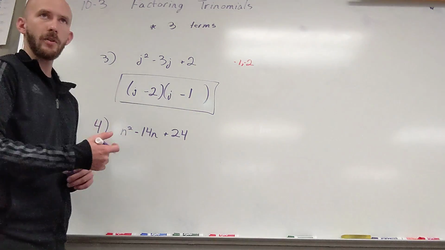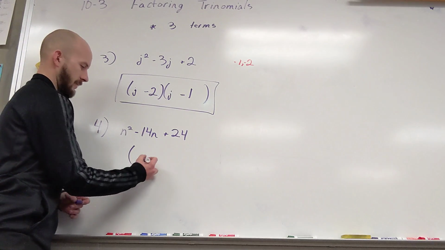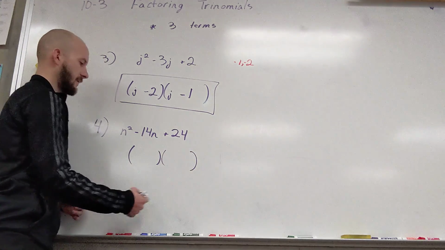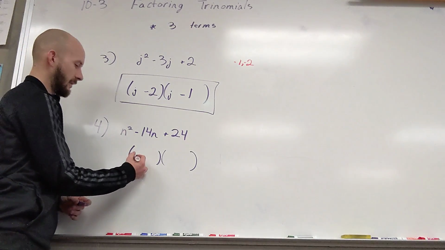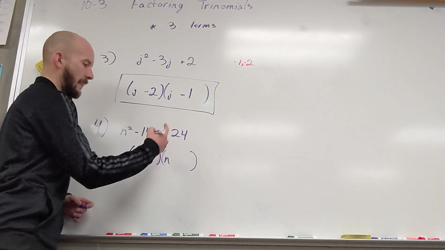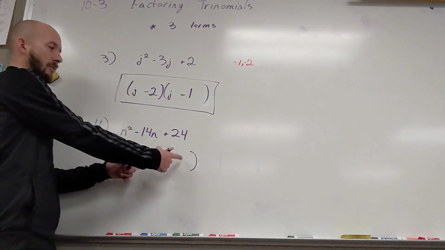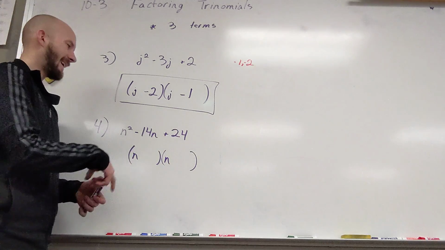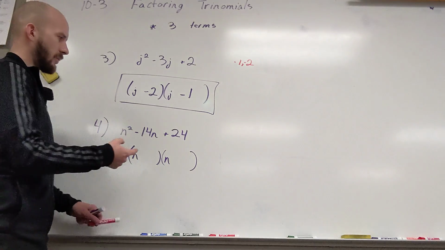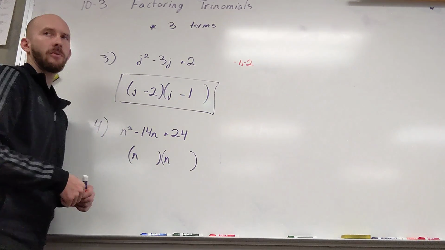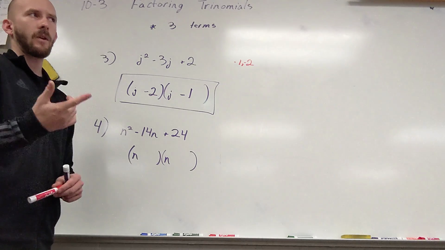All right, so we should already know how to start it. So put your parentheses. What has to go in the first spot? Okay. And then I need my two numbers to multiply to be 24 and add to be -14. Okay. So to multiply to be positive 24, 12 and 2. Okay, what signs do I need?